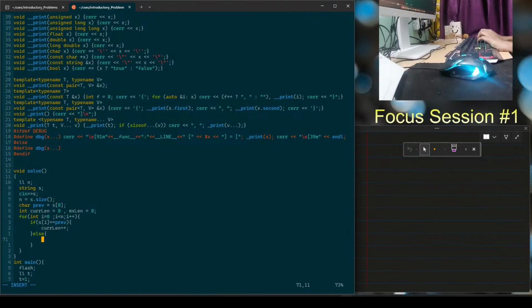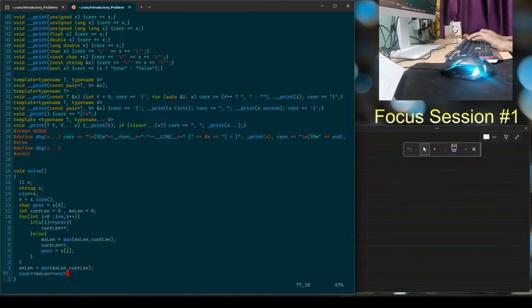Else I will do max length will be max of max length and length, and the current length will become 1 and previous will become s of i. Max length equal max of length and max length.